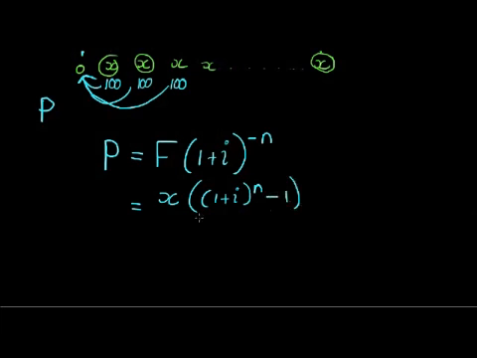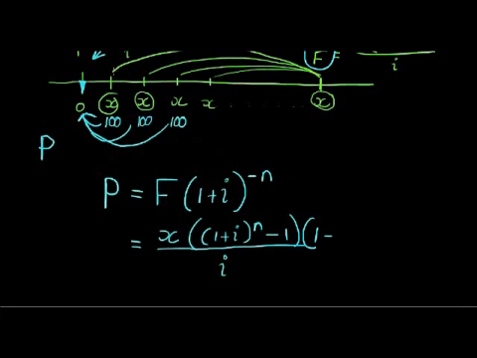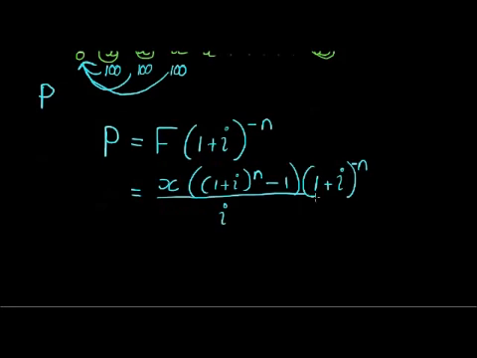Minus 1 over I, and this is discounted with the same number. Remember, n represents the number of payments made, and since there's a payment made every term, that's how many terms I'll have to discount with. So that's why it remains the same value, n, but negative, because I'm finding the past value.